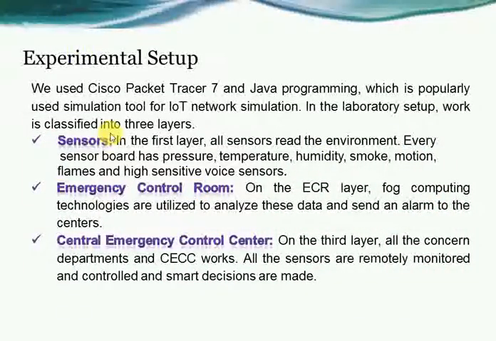And in the experimental setup, as I discussed earlier, we have sensors: the pressure sensor, temperature sensor, humidity, smoke, motion, flames, and a highly sensitive voice sensor, etc. Cameras are installed, and all this data is sent to the emergency control room, where the fog layer and the server work, and after that all this data is sent to the central emergency control room.